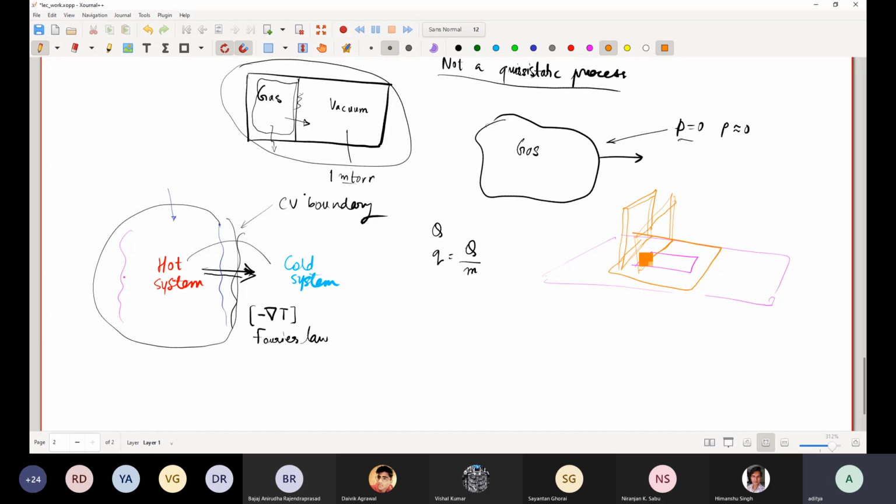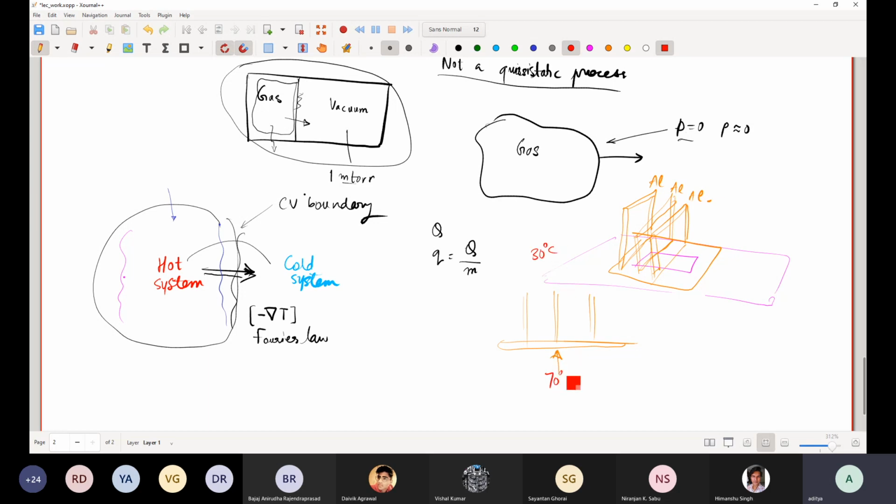Has anyone ever seen the heat sink? I think you have, because in one of the classes someone answered heat sink. Yes, sir. So these are the aluminum heat sinks. If you look at the cross section, these are the fins. This is the base. I'm crudely drawing it, and this is where the hottest point will be. That is the contact with the processor, and heat is transferred to air at maybe 30 degrees Celsius.